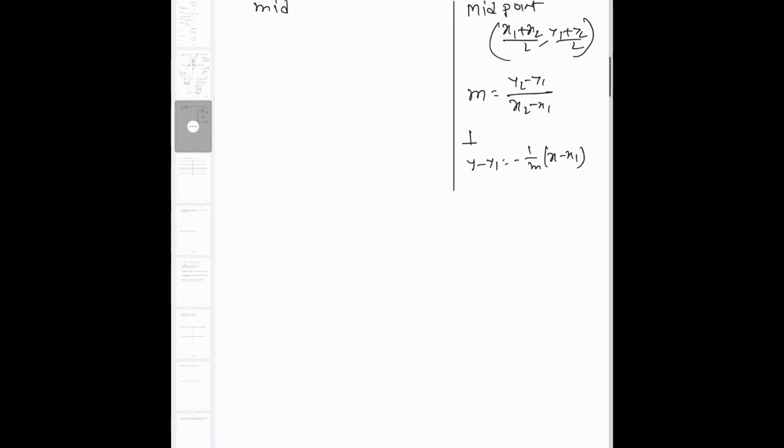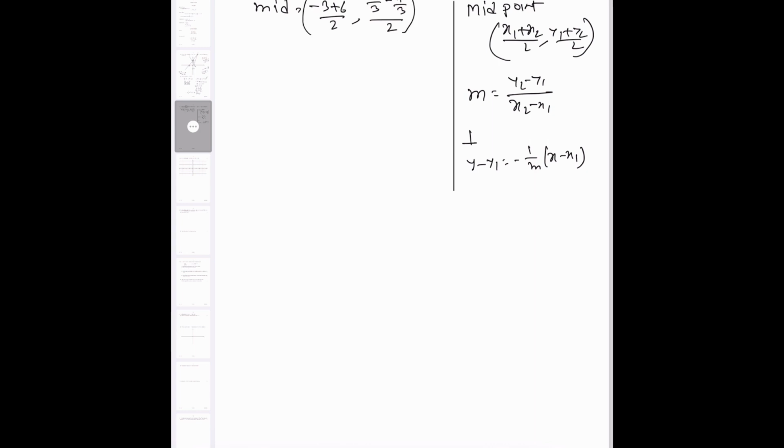Midpoint equals minus 3 plus 6 divided by 2, then 2 by 3 minus 7 by 3 divided by 2.